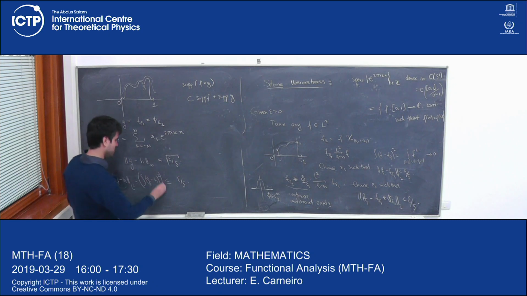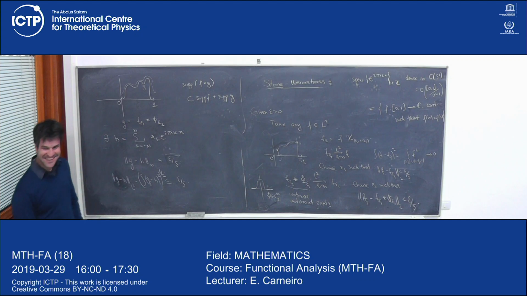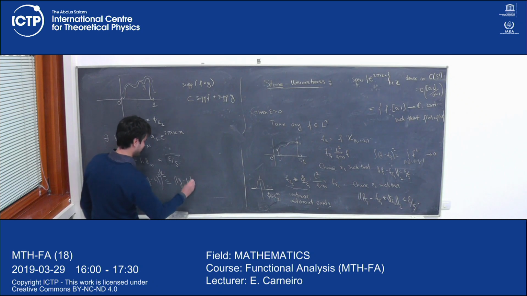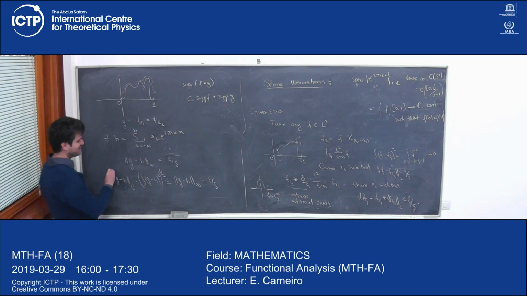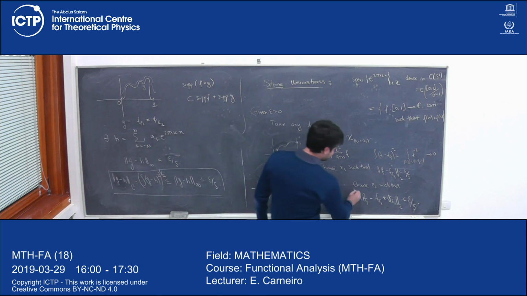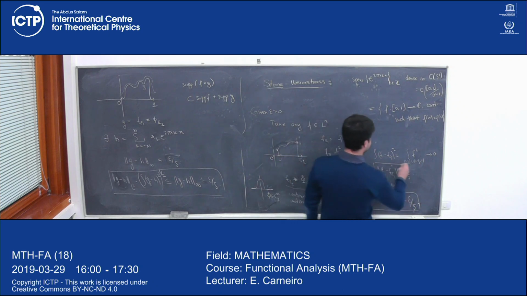Actually, take square roots. So the L2 norm is less than or equal to the L infinity norm, of course, right? Okay, now you just add this line, and you just add this line.